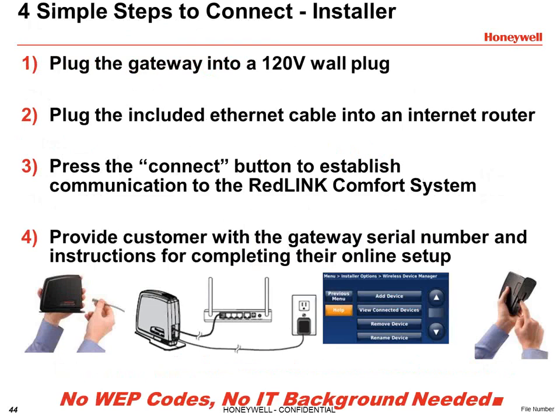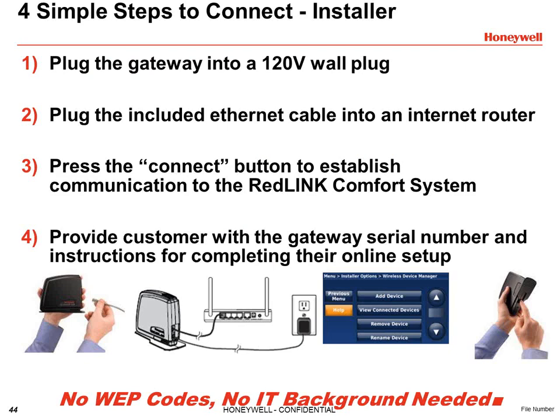Okay, so the router. I get a lot of questions on what's involved with it, but it's really not that complicated. You get power to it, which you just plug in, 115 volts. It comes with an Ethernet cable, which you're going to run from the gateway to the internet router that's already there. You're going to connect the buttons so that they start communicating from the gateway to the thermostats.